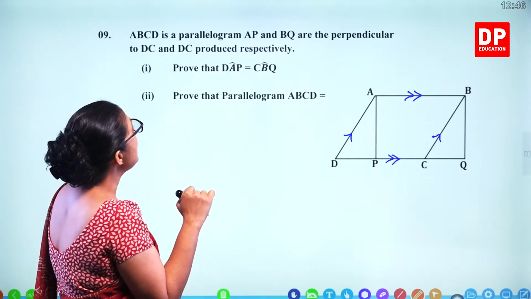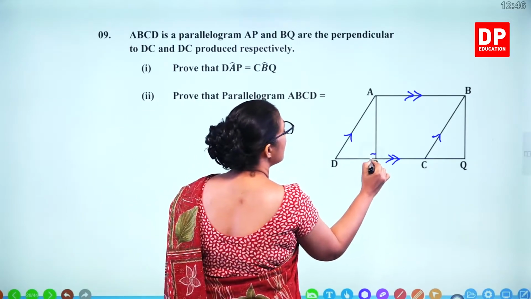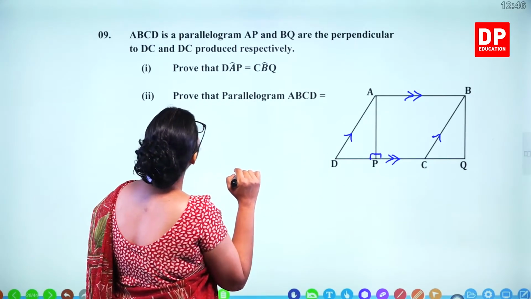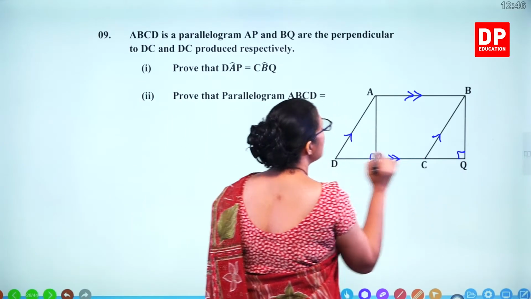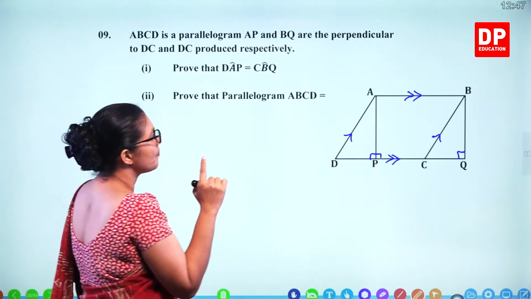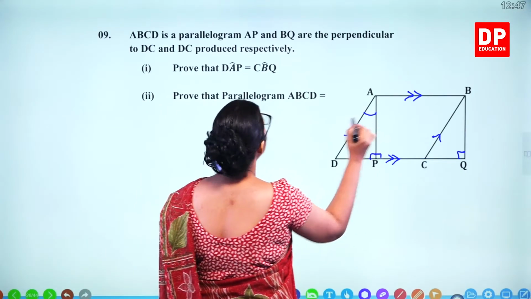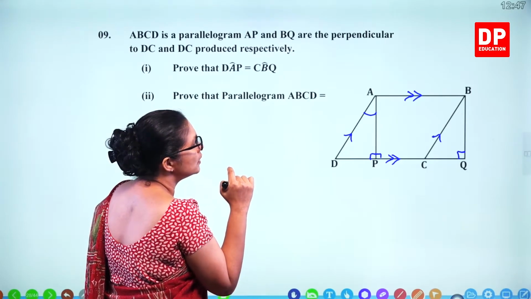AP and BQ are the perpendiculars to DC and DC produced respectively. So these are perpendiculars drawn. Prove that angle DAP is equal to angle CBQ.